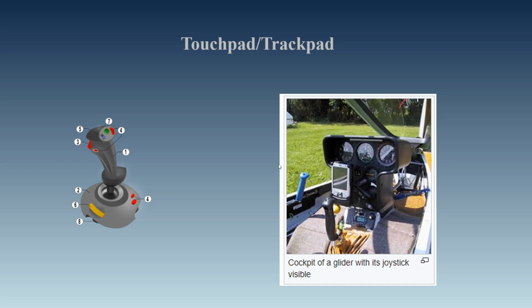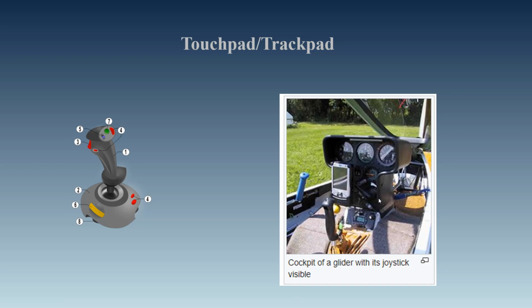And this is the joystick. You can also say remote, gaming remote. On the right hand side, it is the simulation of a real world object. It could be a car, it could be a helicopter, anything, for training purposes.